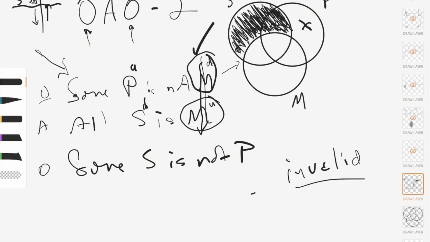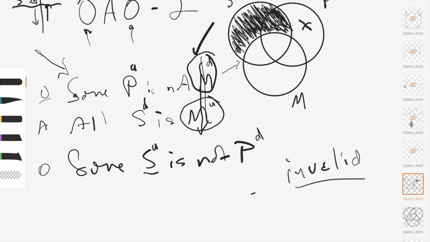Now we have the illicit process fallacy. So here's how it works. If a term is distributed in the conclusion, then it must be distributed in its premise. Otherwise, you have a fallacy. So let's check. The conclusion is an O. The pattern is undistributed subject, distributed predicate. S, the subject, doesn't trigger the fallacy at all because it's not distributed. Remember, the rule is if a term is distributed, then it must be distributed in its premise. But if it isn't distributed, it doesn't trigger the rule, so you don't even have to look.